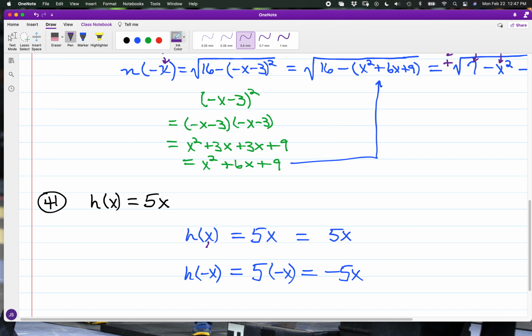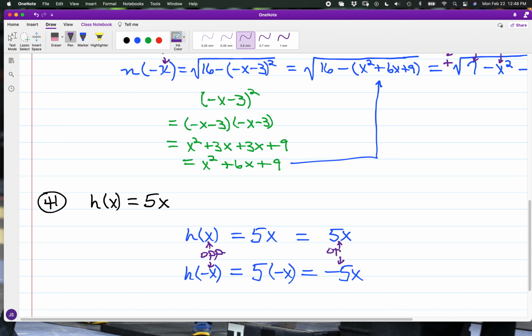And so with x and negative x, okay, so these would be opposite sign inputs. And for each of these functions, there's only one output, and we have when the input is at x, the output is at 5x, and then when the input is at negative x, the output is at negative 5x.